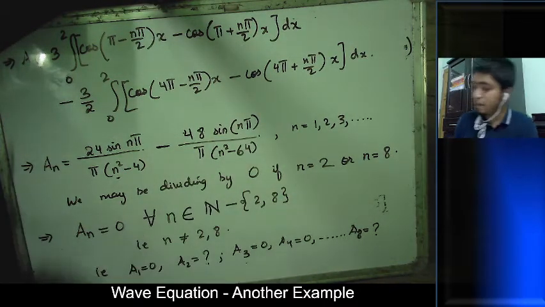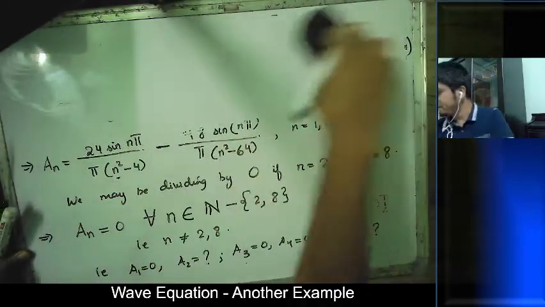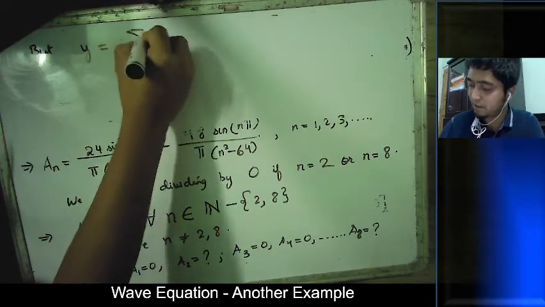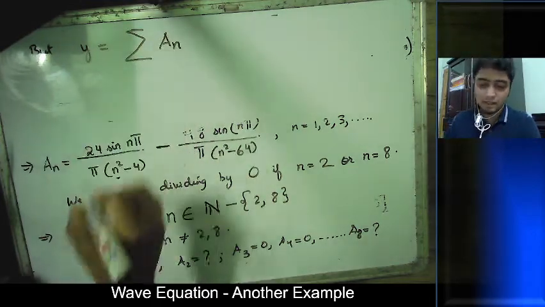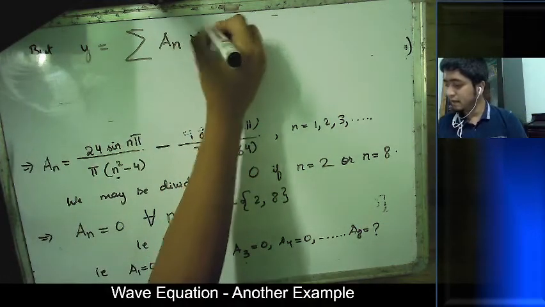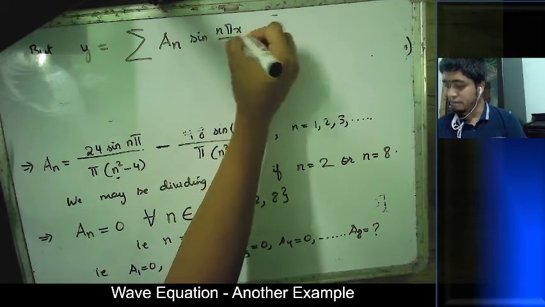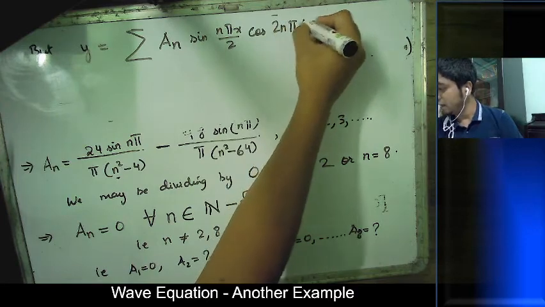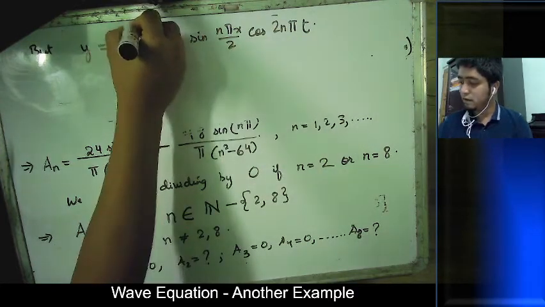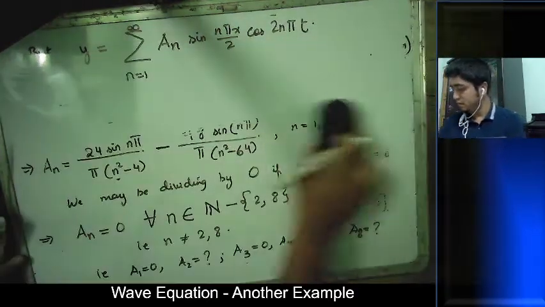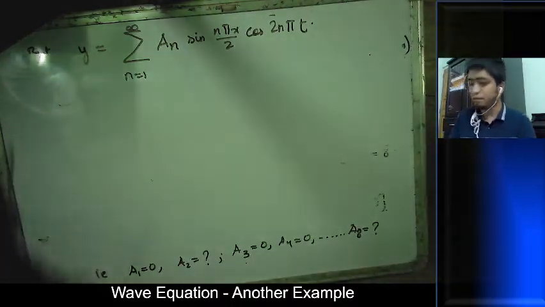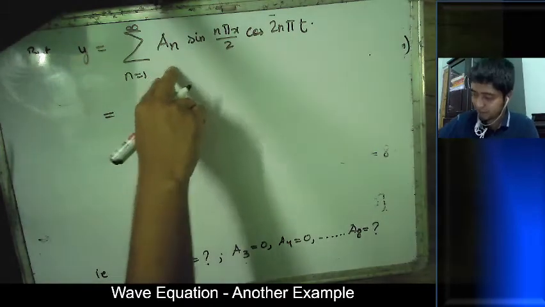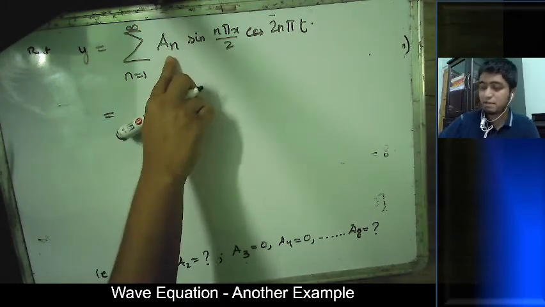All right, but if you remember, the solution was this: aₙ sin(nπx/2) cos(2nπt). If you expand this, a₁ will be 0.